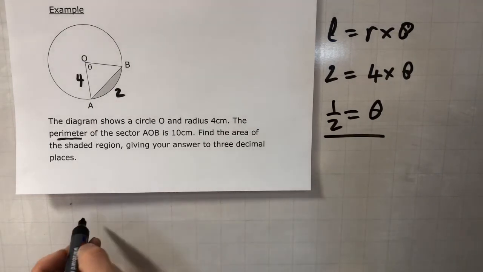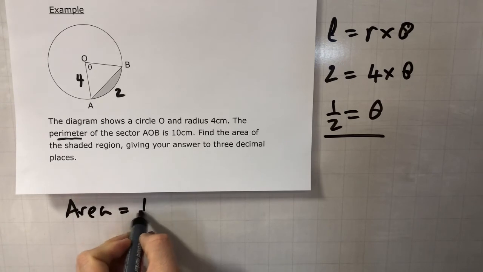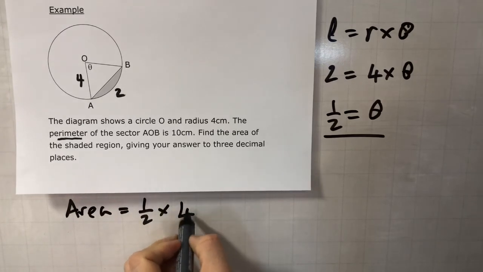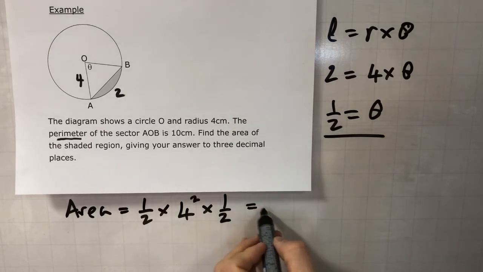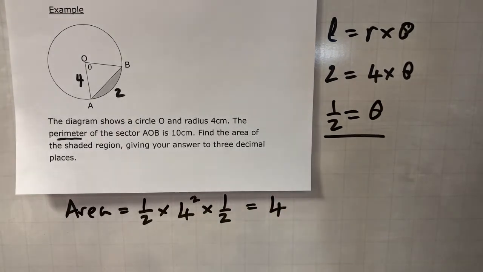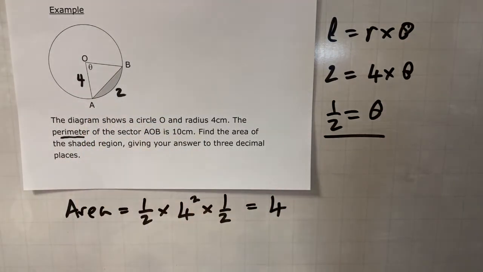Now it says find the area of the shaded region. Well, I can find the area of the sector, so the area is going to be a half times the radius squared times theta. Calculator or otherwise comes out as 4. But all I found there is the area of the entire sector.